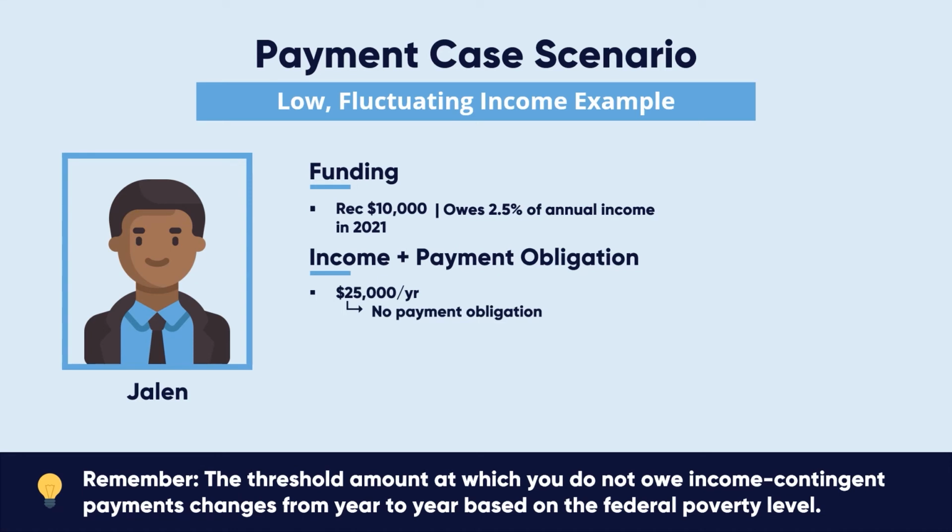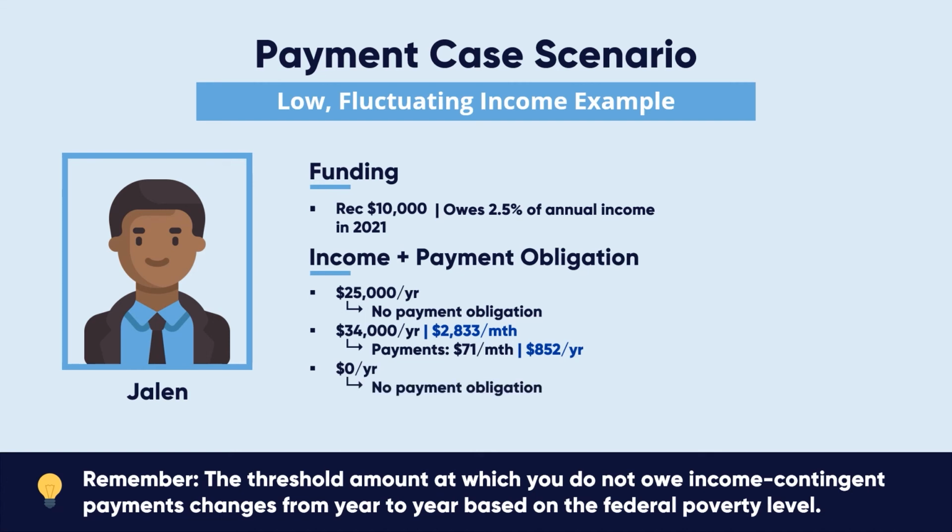After 2 years, Jalen gets a raise and starts making $34,000 per year, so he starts making payments on the Student Freedom Agreement. After 4 years, Jalen decides to leave the workforce and raise a family. Even though Jalen's household has an income above $30,000, Jalen's personal income is $0, so he does not owe any money on the Student Freedom Agreement.